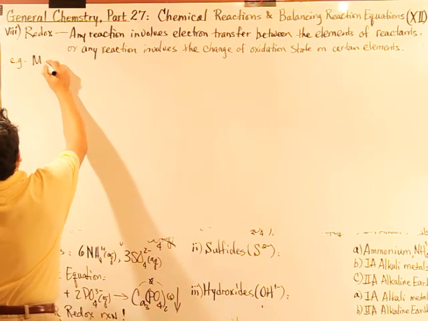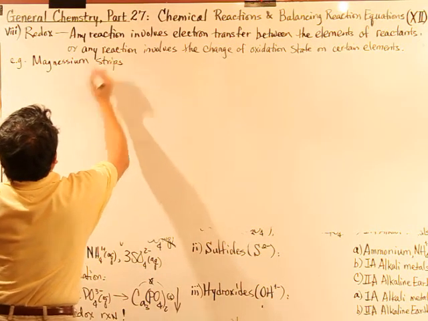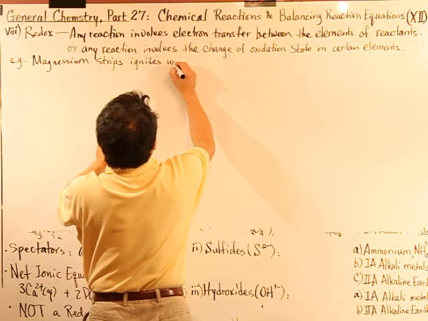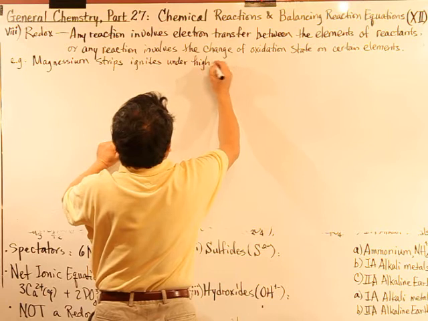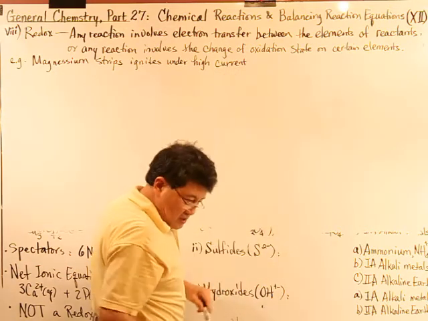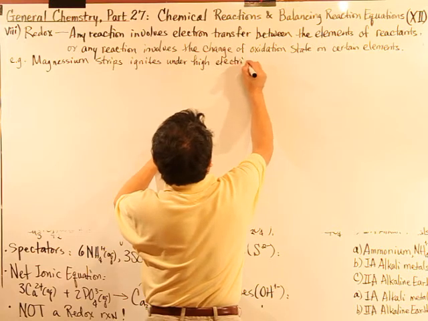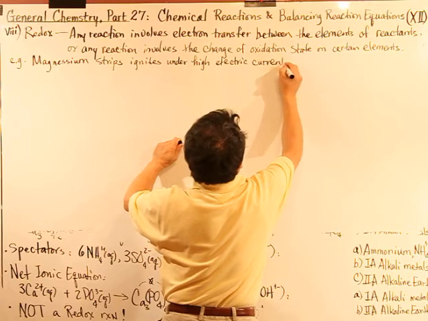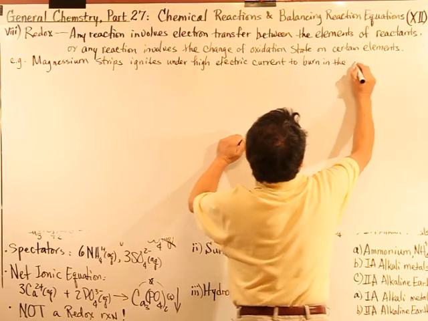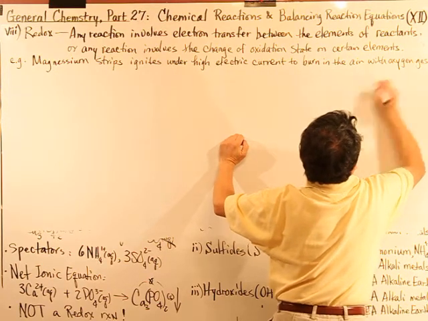So magnesium strips, ignited under high electric current, to burn in the air with oxygen gas. Right? So that's the situation.